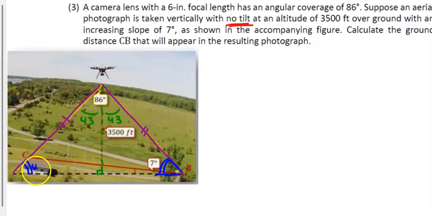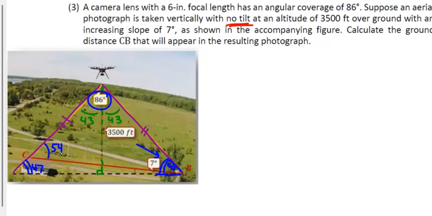That means the angle here is 47, and the angle here, which is part of the triangle that includes CB, that angle is 40. So the total angle at the top is 86, the angle here is 40, so 180 minus the 86 minus the 40 degrees makes the angle over here 54.